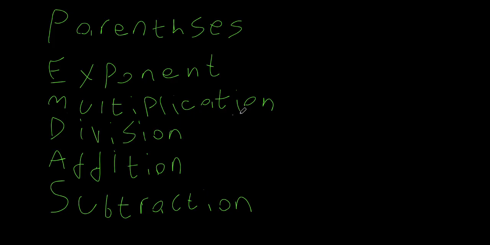So now an important note. First of all, what this means is that your very first step is, if you see an equation with parentheses, this is step 1. And if you see an exponent, this would be your step 2.